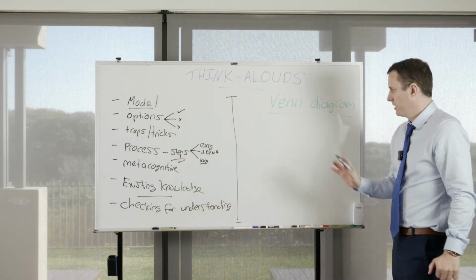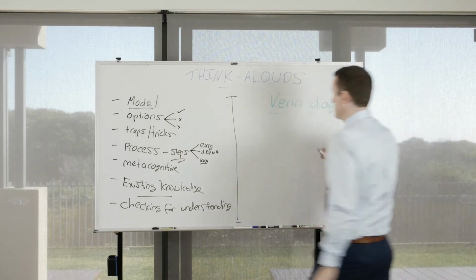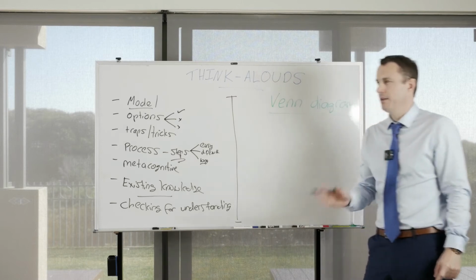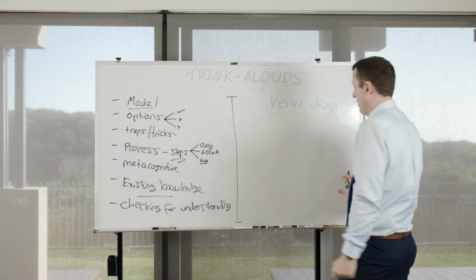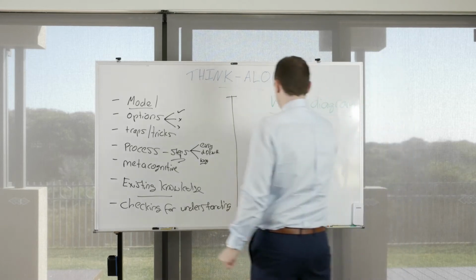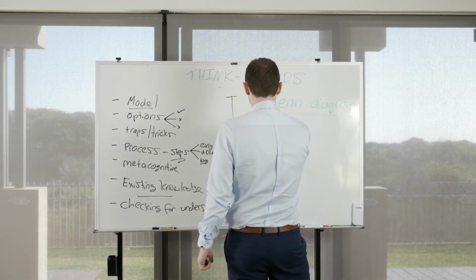Now, the first thing I want to do is figure out whether I should be using a Venn diagram and why I would use a Venn diagram. Now, in this case, I've got a bit of a worded question, right?